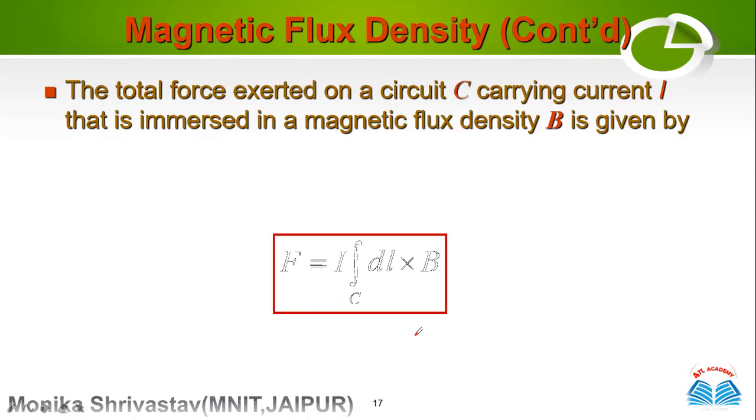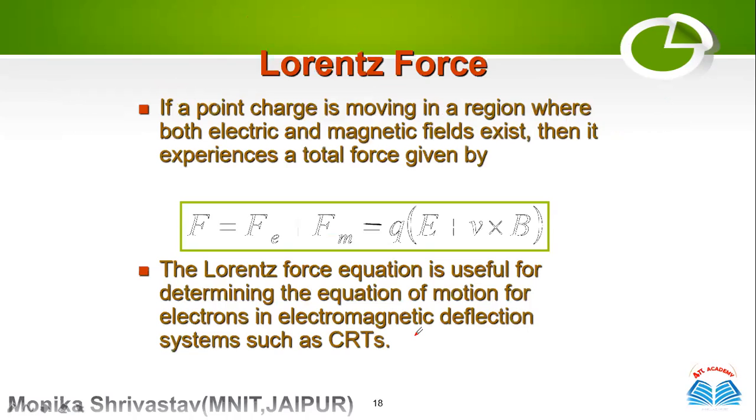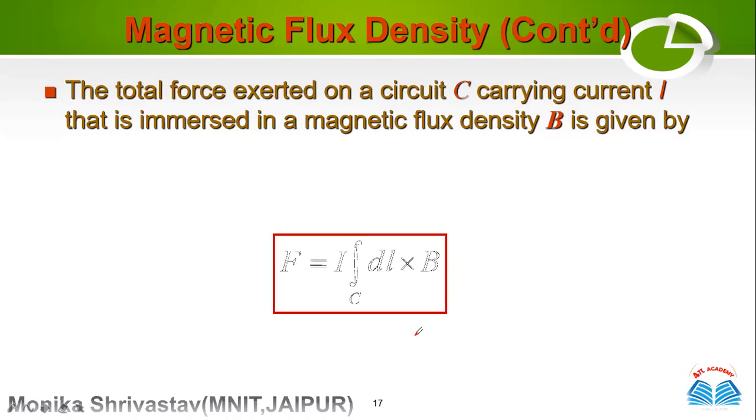We will integrate. So F will be equal to I integral of dl cross B. This was the force due to magnetic flux density B, the total force exerted on a circuit C having current I, having a closed loop or an open loop like a circuit.